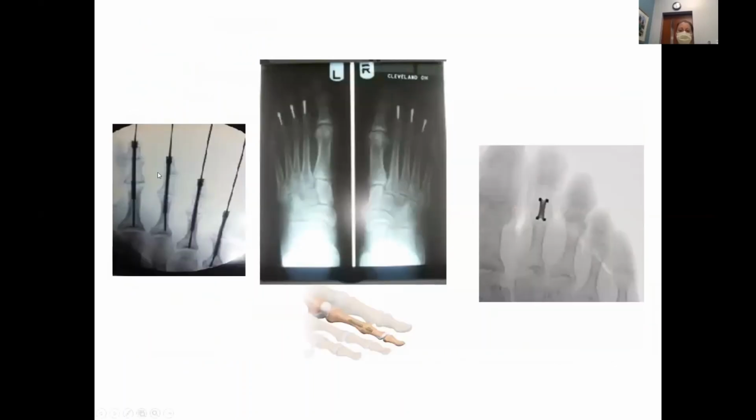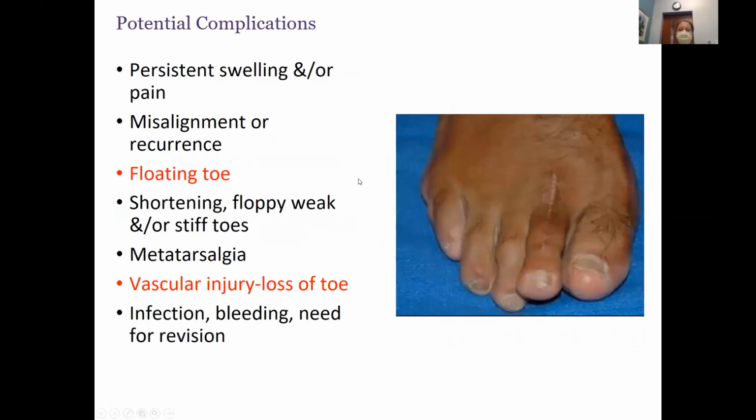Here are examples of screws and wires, just screws. Here's an example of a staple. Once again, all of these devices allow you early weight bearing and good function, up to 90% satisfaction, as we've seen.